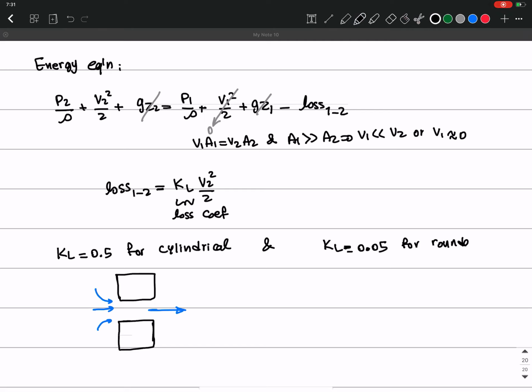So rounded cylindrical, something like this. If you have these kinds of vents, then your loss of energy is much smaller.